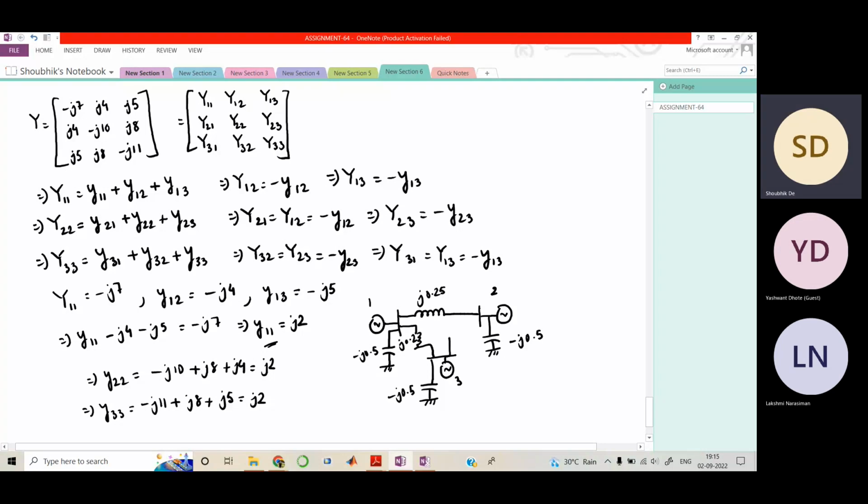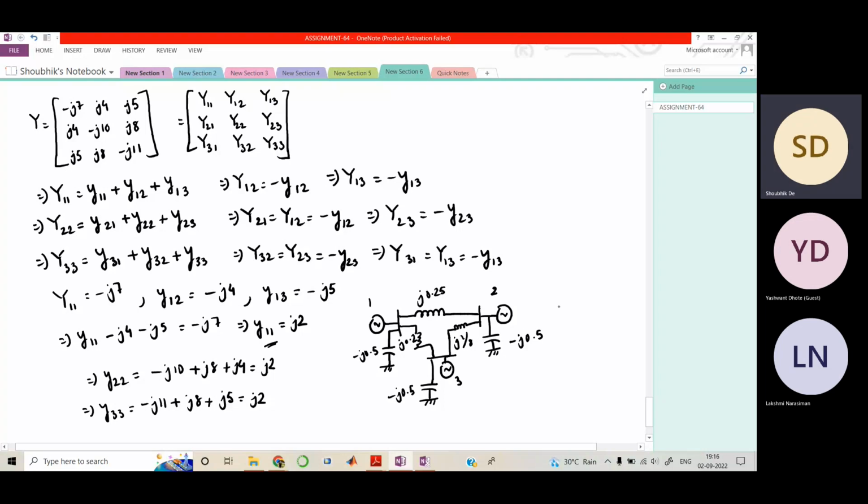And lastly there is a reactance between these two also, not impedance, since there is no resistance. What is y23? y23 is minus j8, so this would be j1 by 8, which would be j 0.125.